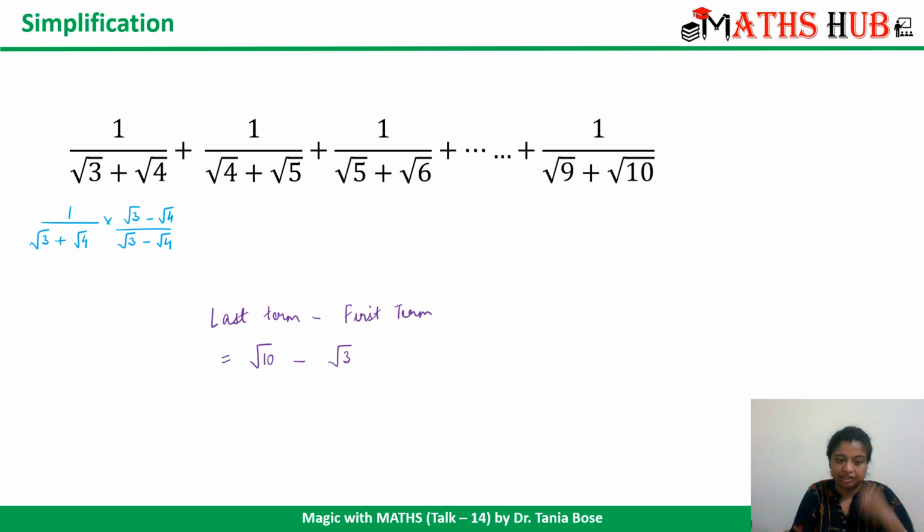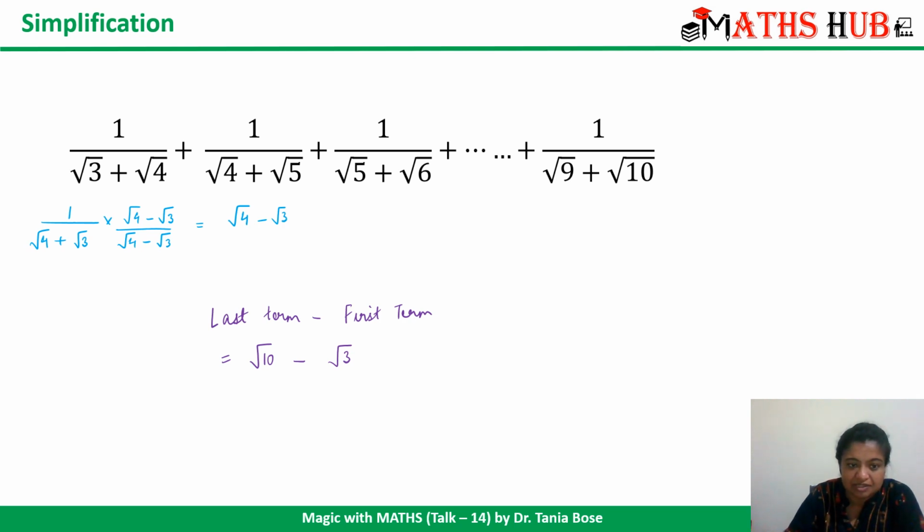In other words, we can rearrange the terms and write root 4 first and then root 3, similarly root 4 minus root 3. I'll show you one of the terms and then tell you how it is applied to the others. In the numerator you get root 4 minus root 3. The denominator is a plus b into a minus b, which is a square minus b square: 4 minus 3 is equal to 1.